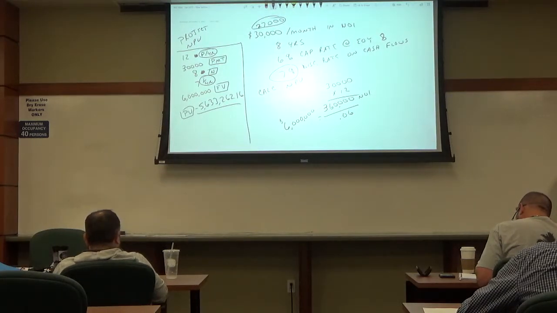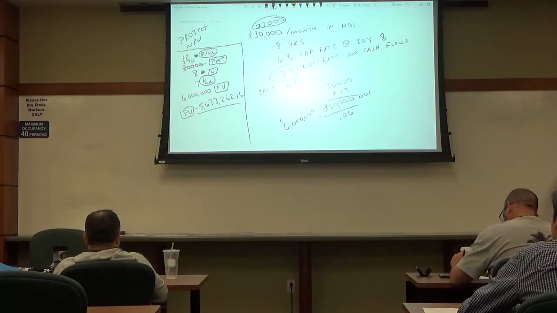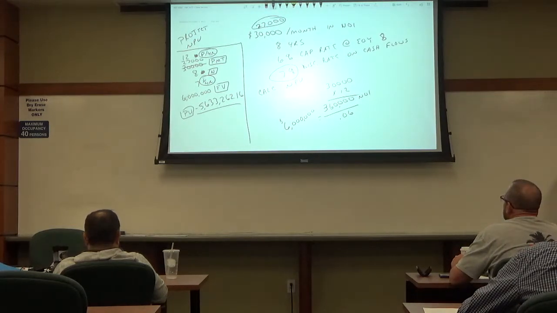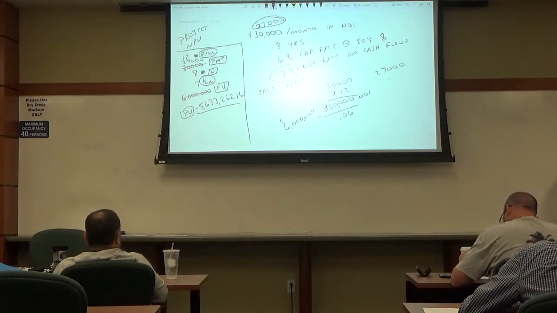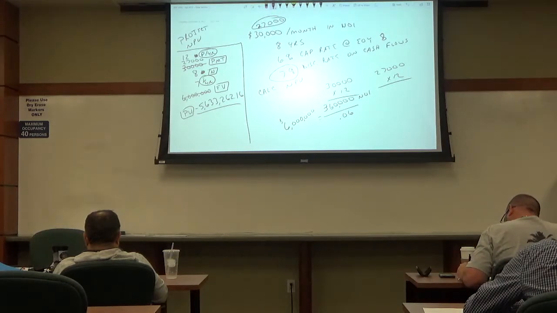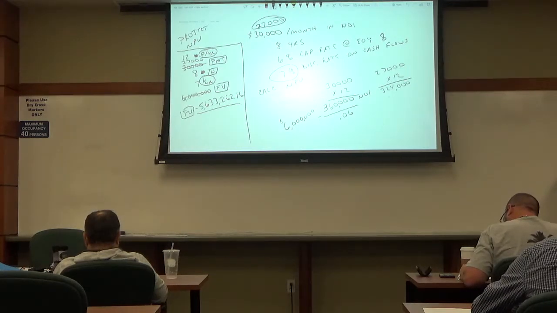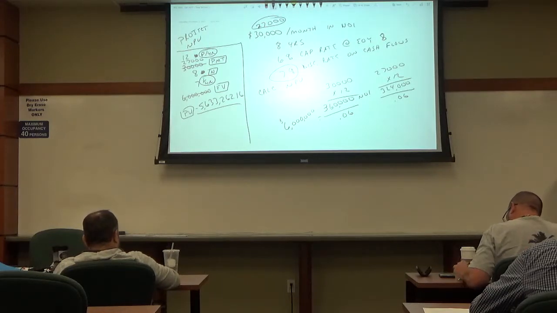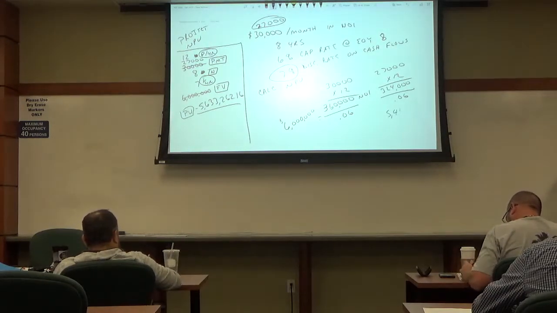So your future value would change to that. Yes. So we'd have 27,000 go in there, and then our future value would now be $5,400,000.